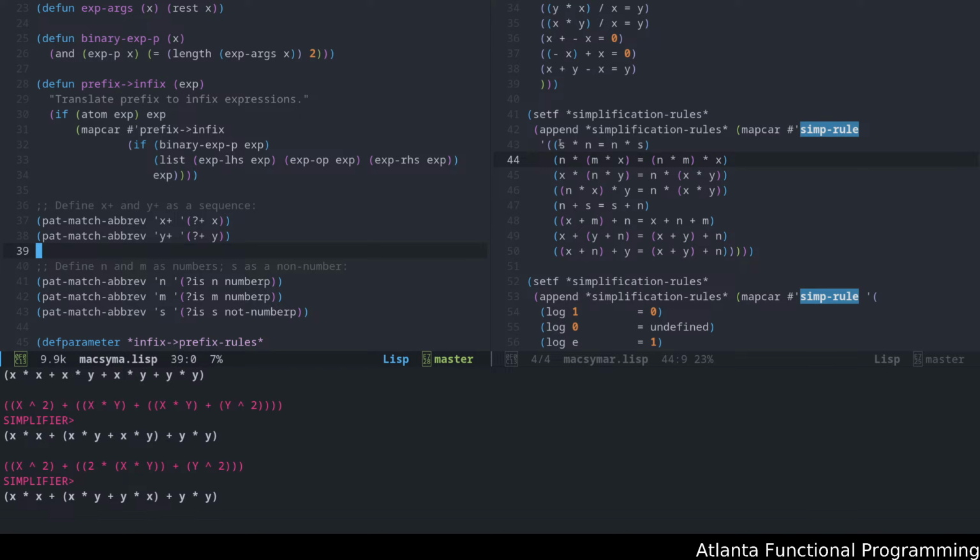So this is actually the commutativity property of multiplication that's encoded in our search space. Here n is a number, s is a symbol, which is basically not a number, and we recognize that, okay, if we have our symbol before our number, let's just flip it.